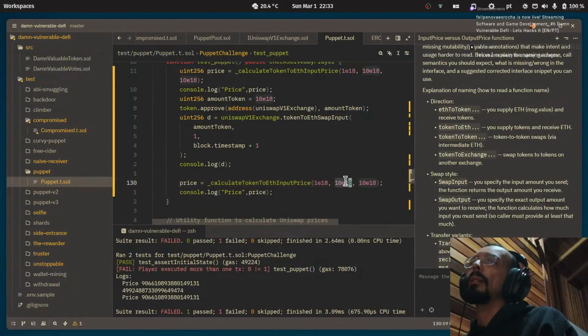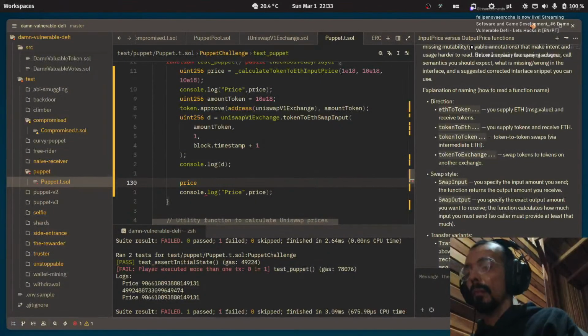Oh, the price is the same because I forgot to change the reserves. So we should maybe stop using that function and use... Man, why is my machine so slow?